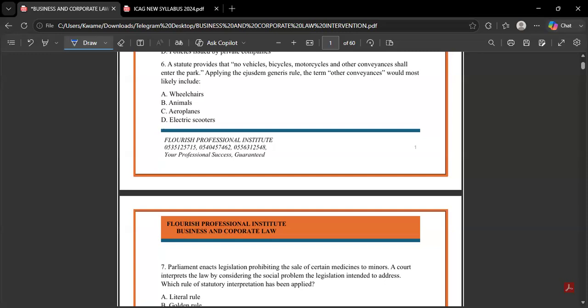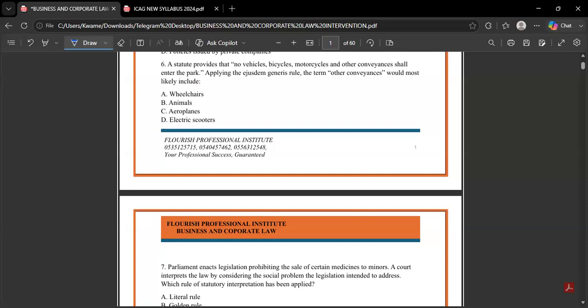So to give some perspective to what you said, the ejusdem generis rule is a Latin legal term. It means of that kind or of that nature. So in interpreting the law, sometimes the law can list some examples of something. That list is not an exhaustive list. The law may not be able to list everything that falls in that category.